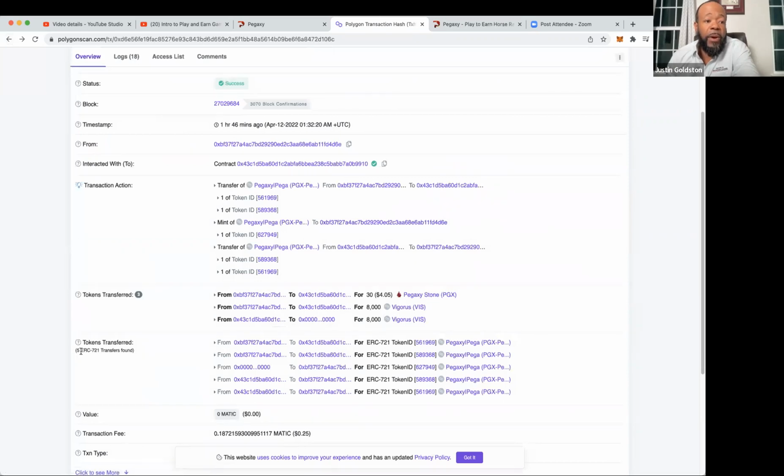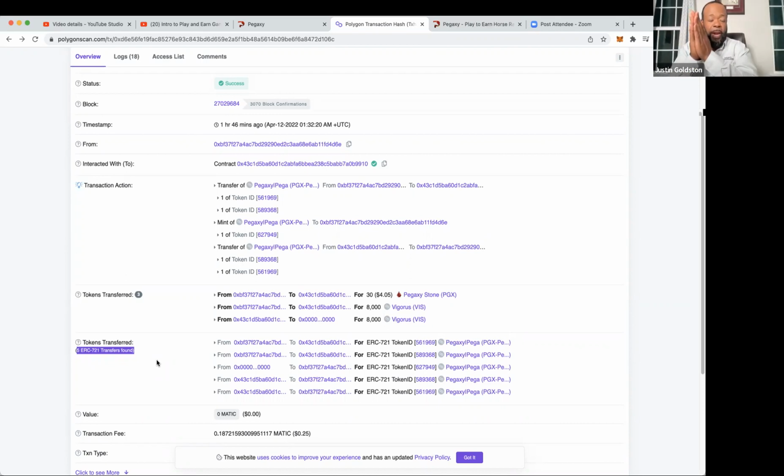And then you can see, so there's 5 ERC 721 transfers found. So again, ERC 721s, those essentially are NFTs, non-fungible tokens. Every single one of those ERC 721s is unique. If we look at ERC 20s, that is the standard that's used for cryptocurrencies. Whether I have one Ethereum or someone else has one Ethereum, they're all seen equally, right?